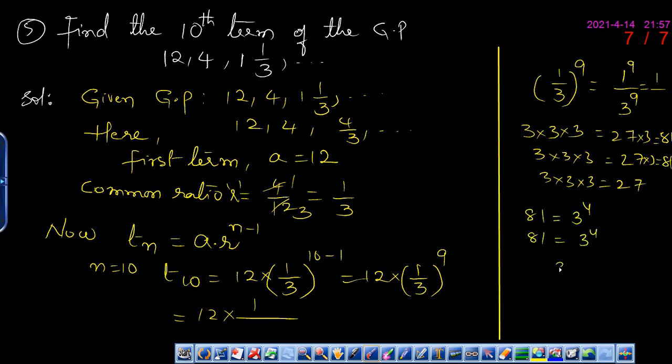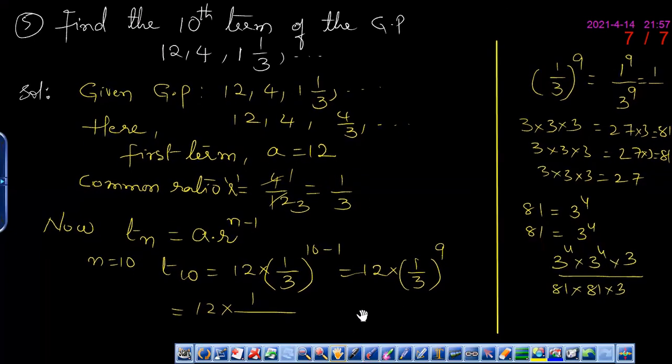So one 3 is left over. Can I write 3 power 4 into 3 power 4 into 3? Yes, sir. That is 81 into 81 into 3. It will make your calculation easy.